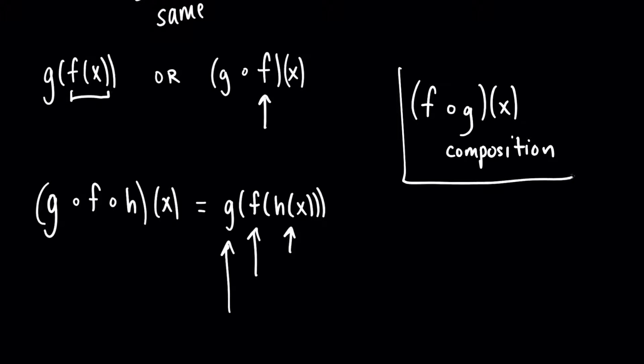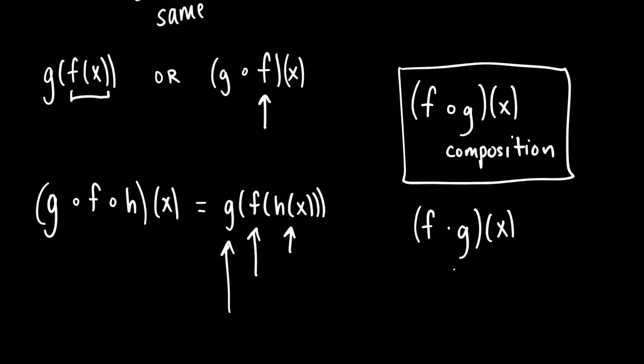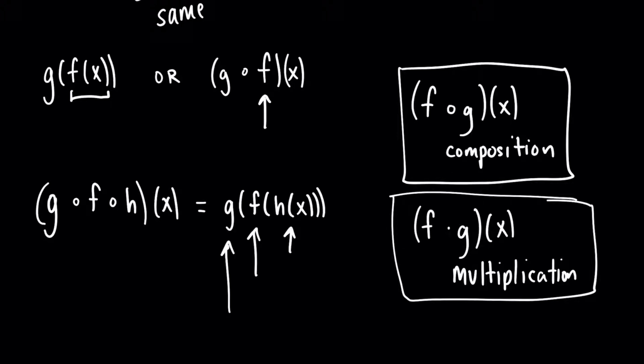So that's composition. This right here is multiplication. And so what you're going to do is find f of x, find g of x, and then multiply those two together. Okay? Just be really careful of that slight difference between the open circle and the closed circle there. All right, that's it.